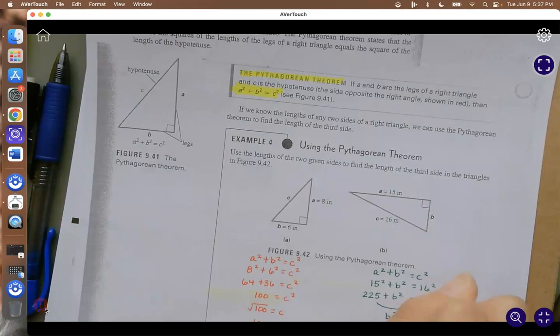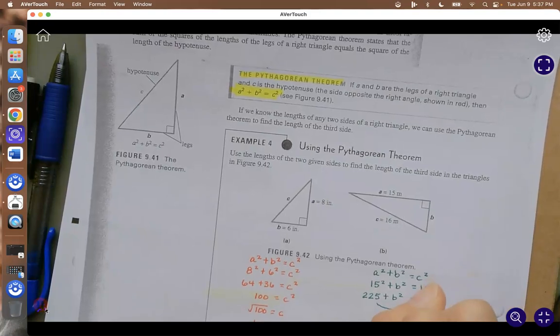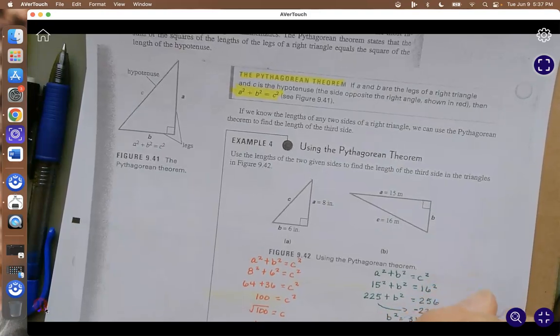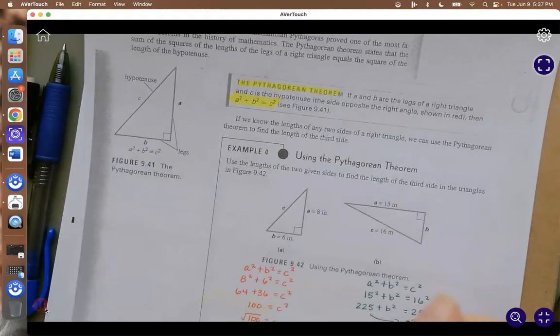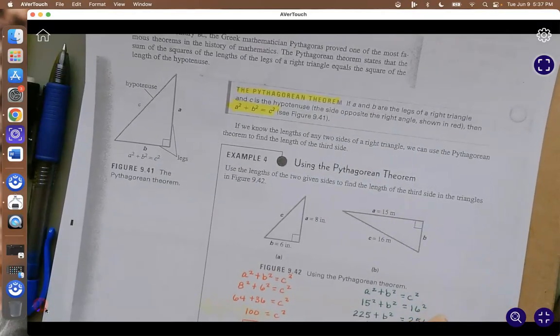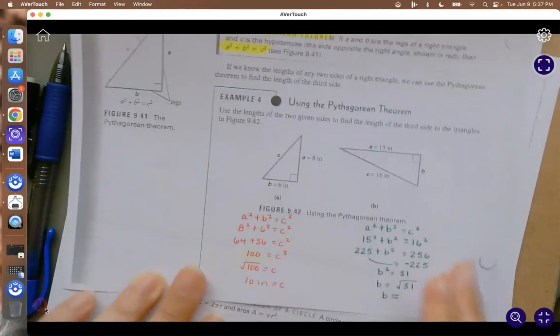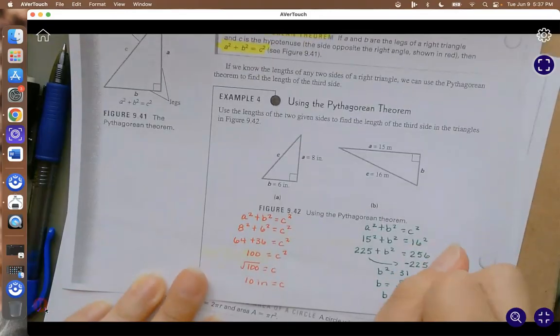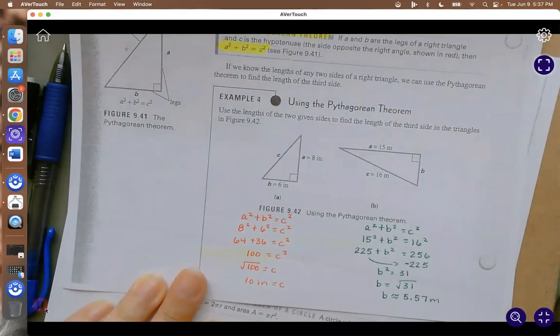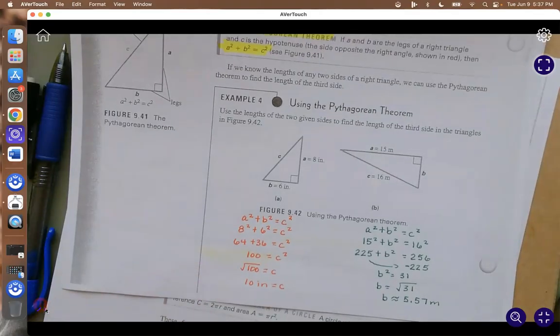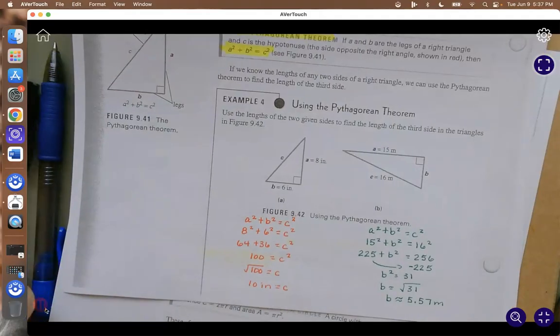That's going to give me 31. When I take the square root of 31, B is approximately 5.57 meters. Okay, so we're just reviewing some basic math skills that we should know. Okay, so if you need to take a minute with that, feel free to do so.